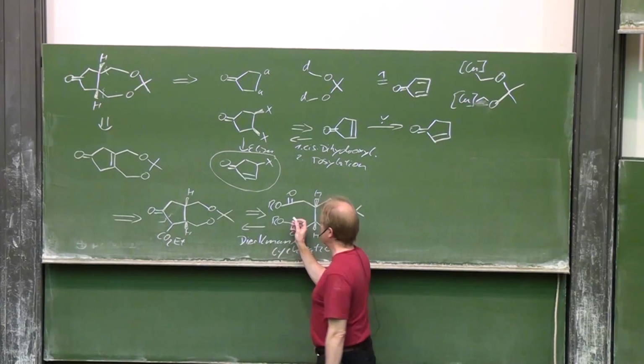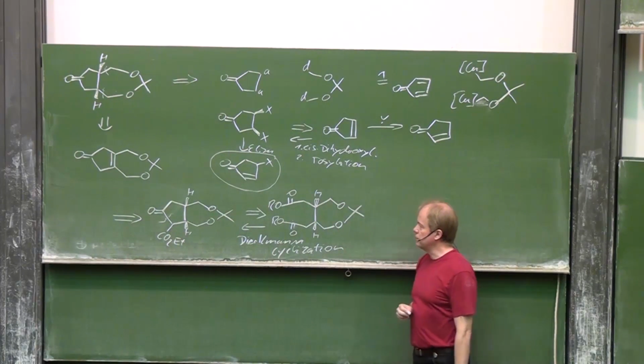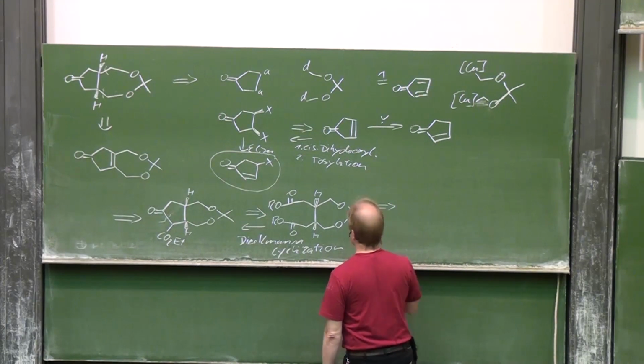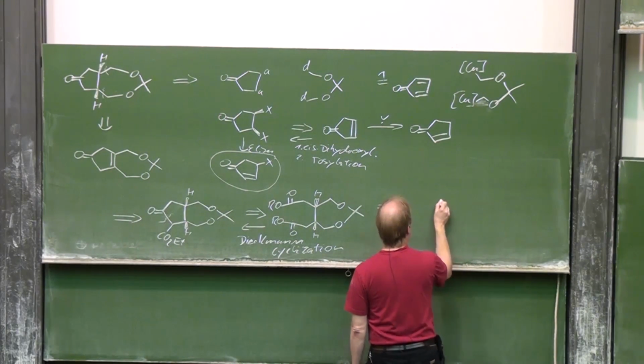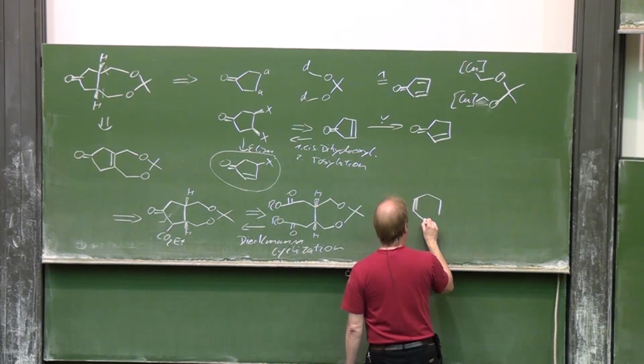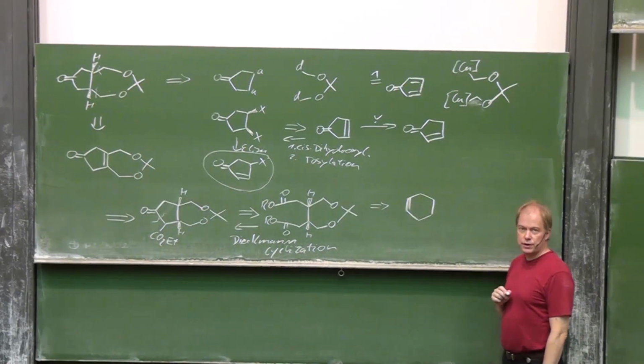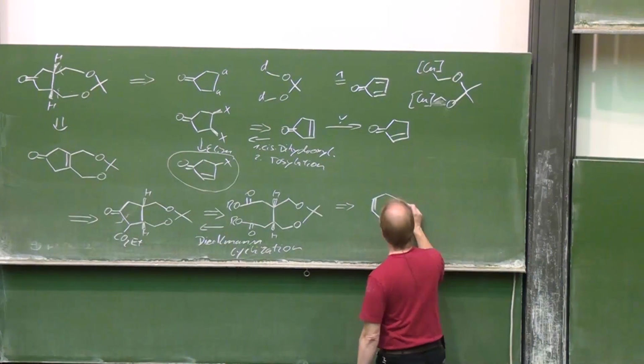So now we have a 1,6 relationship between those two carbonyls. Let's draw that cyclohexene structure again.